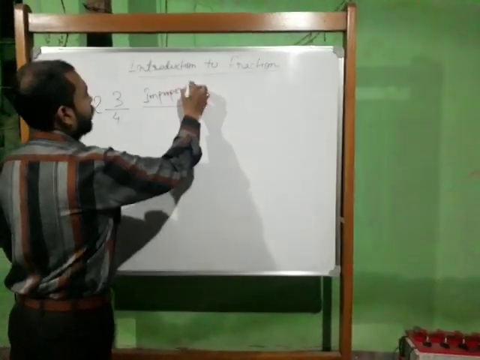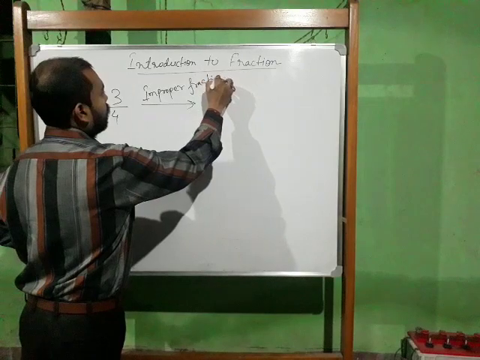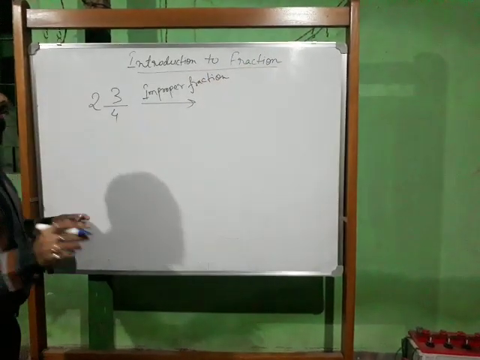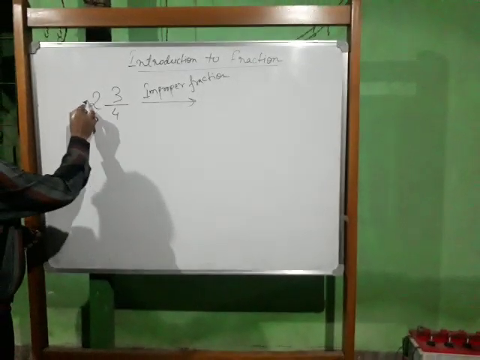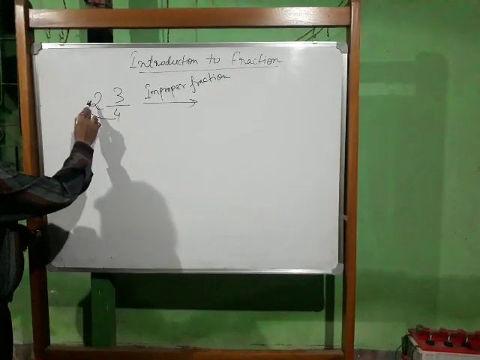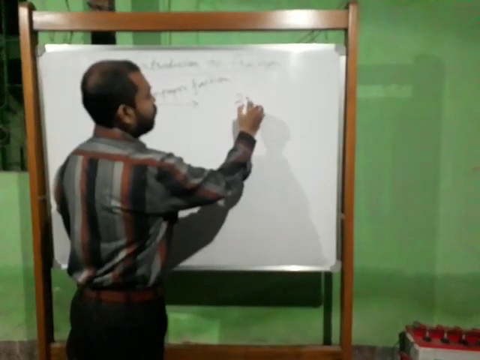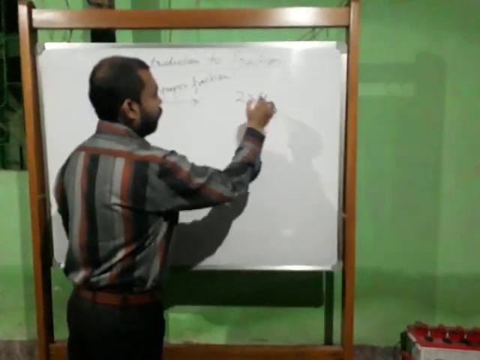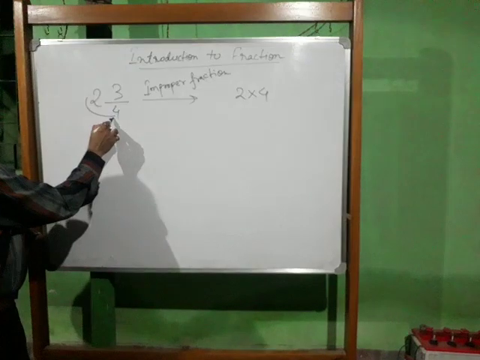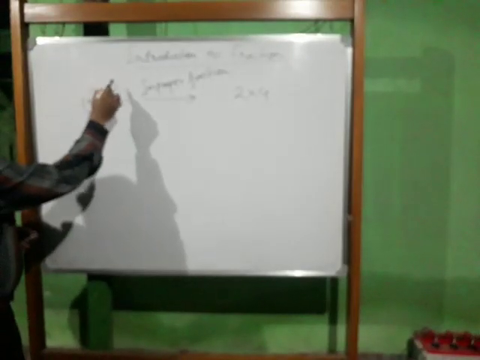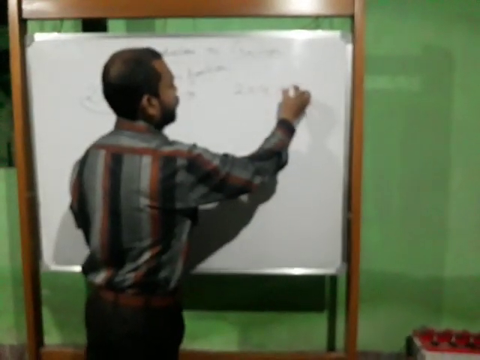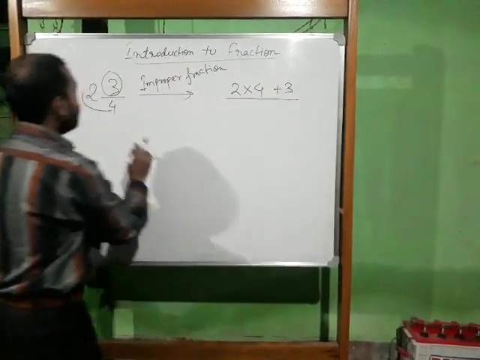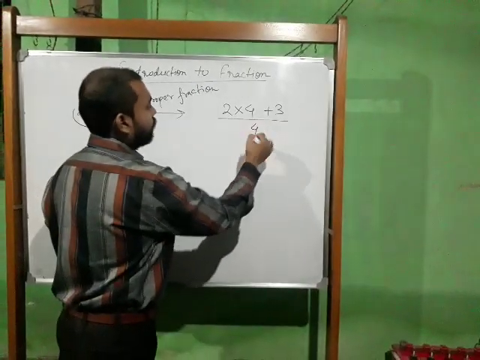What is the method? Very simple. First you multiply this whole number with the denominator, so 2 into 4. After that you have to add the numerator, plus 3, divided by whatever number is there in the denominator, that one you have to write.